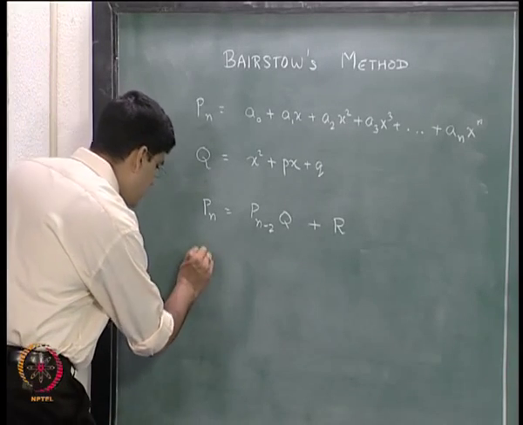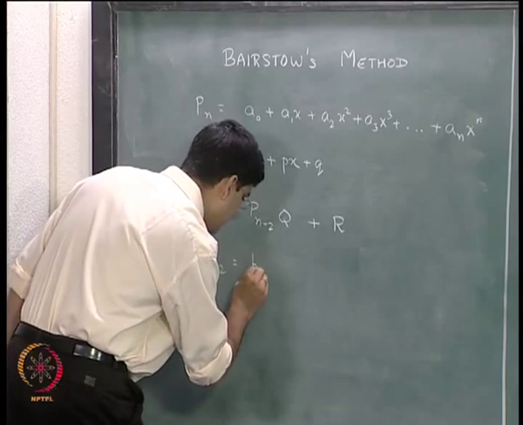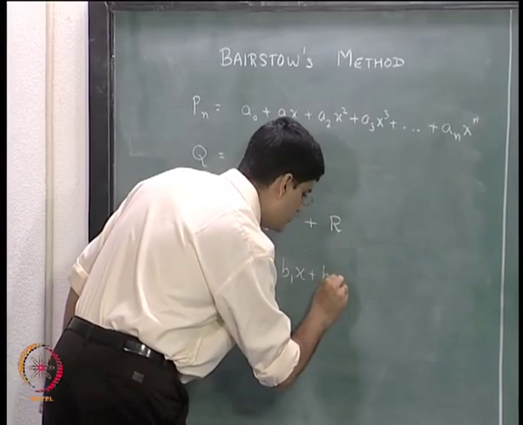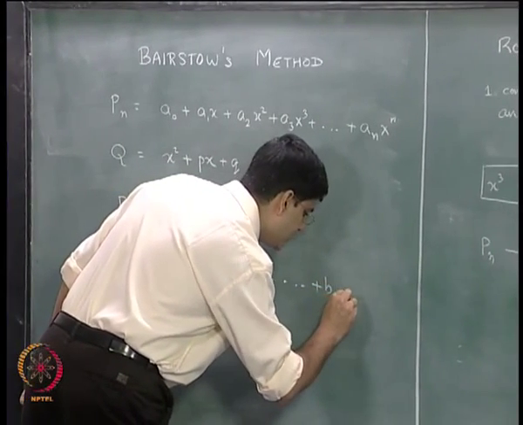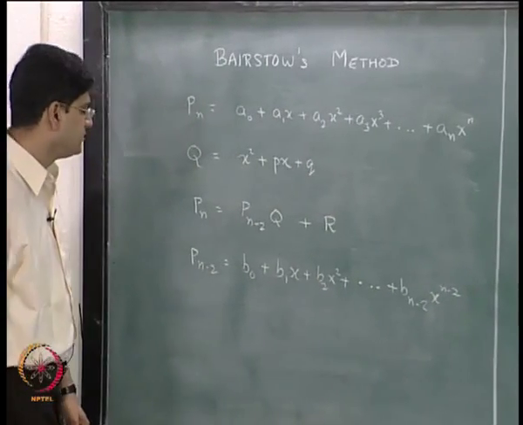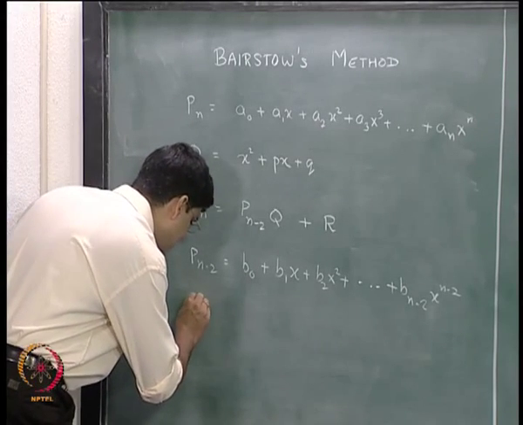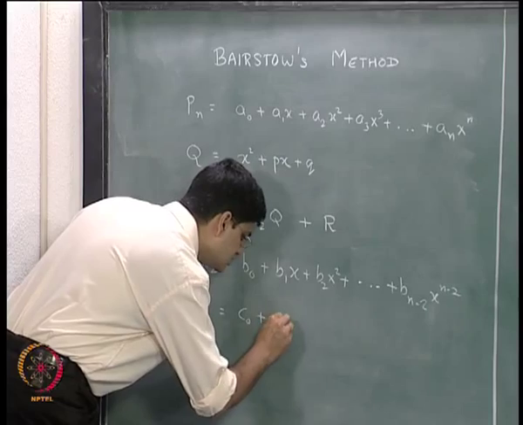So now Pn minus 2, we will be able to write that as b0 plus b1x plus b2x squared and so on up to bn minus 2 x to the power n minus 2. And let us write r as nothing but c0 plus c1x.